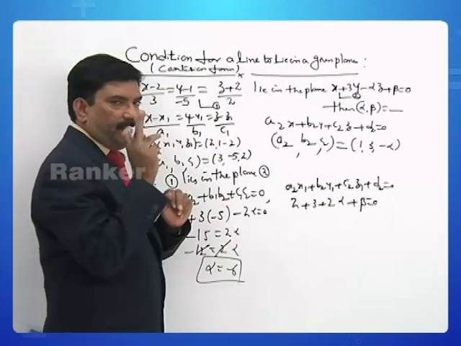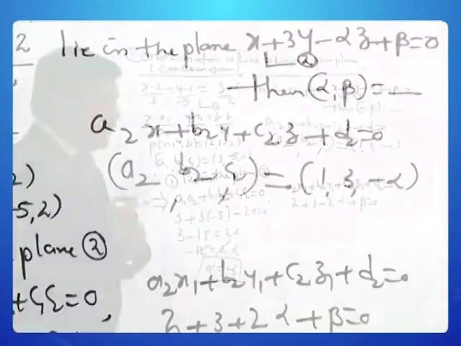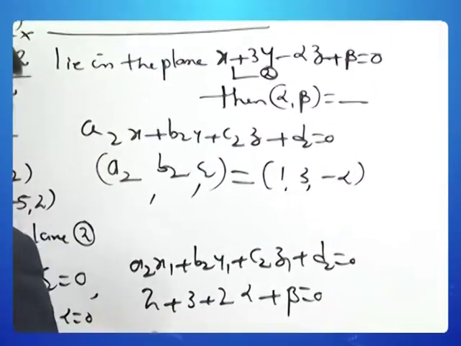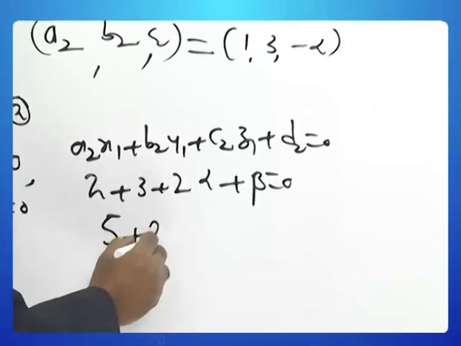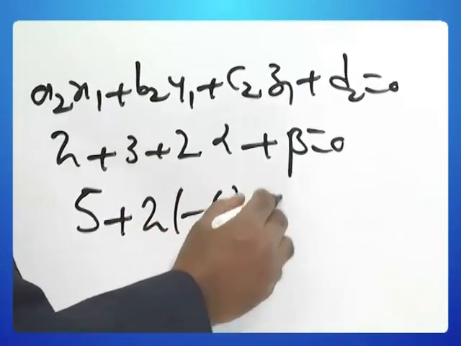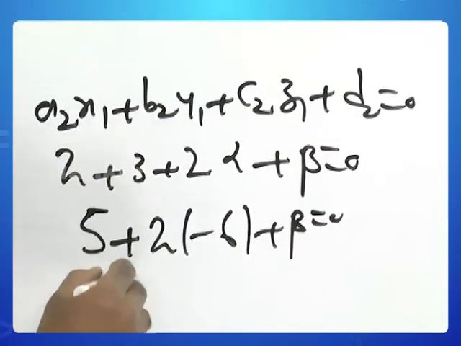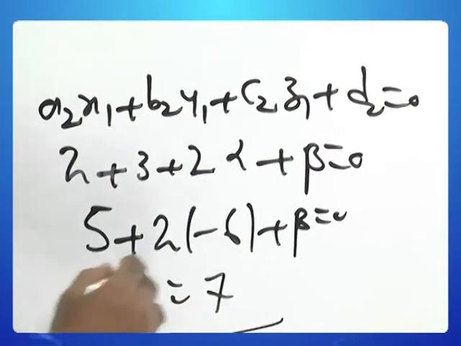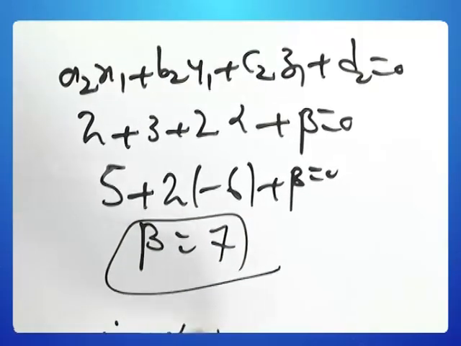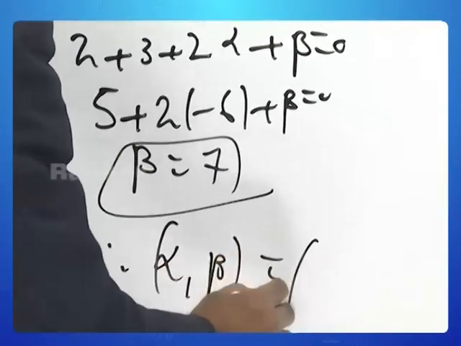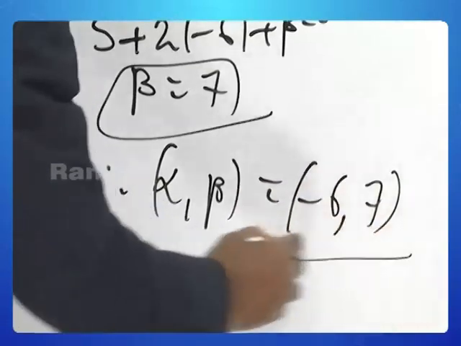In place of z, you are supposed to put minus 2. So therefore, now I can write 5 plus 2 into minus 6 plus beta is equal to 0, minus 12. Therefore, beta is equal to 7. Nevertheless, alpha comma beta is equal to minus 6 comma 7.